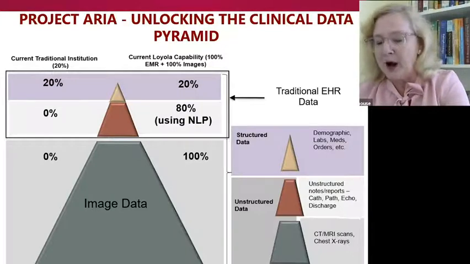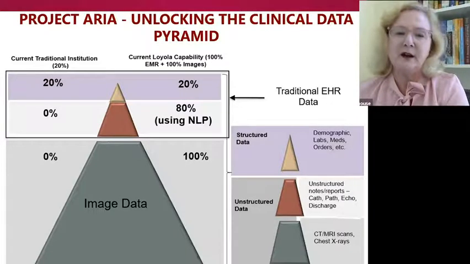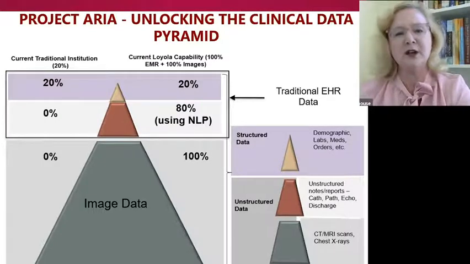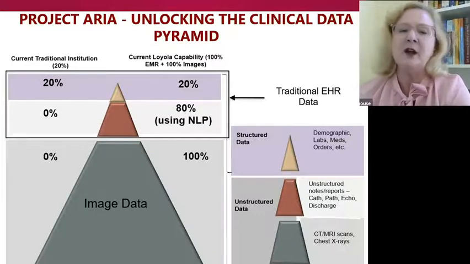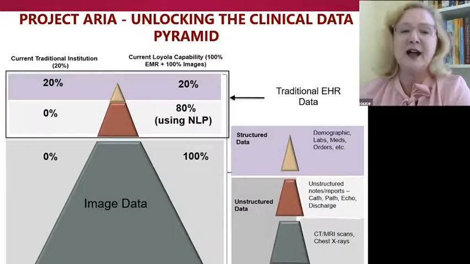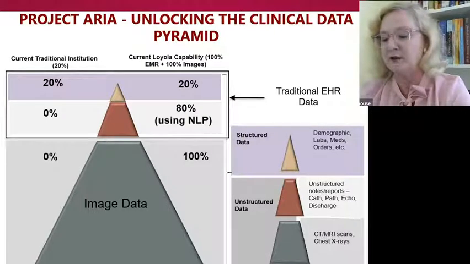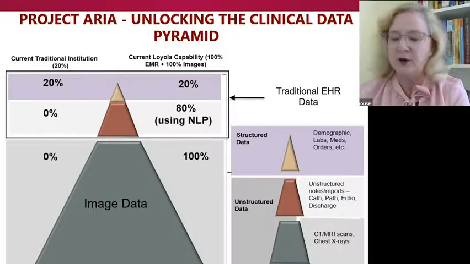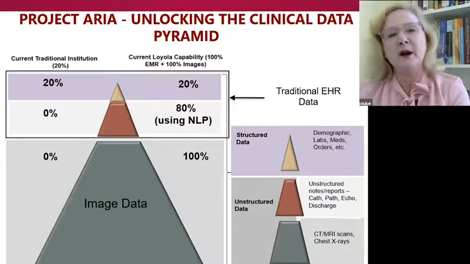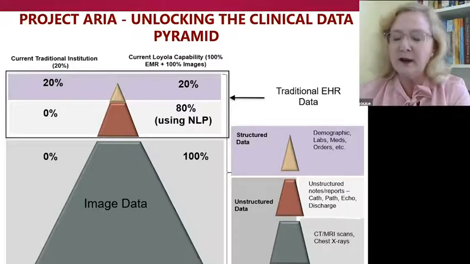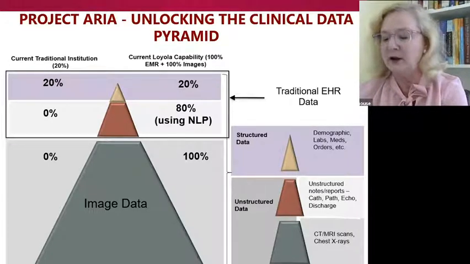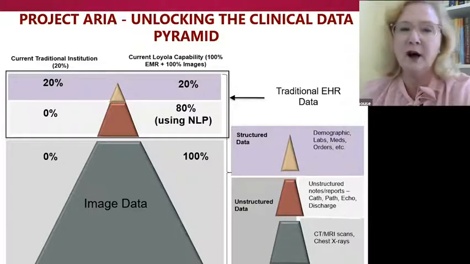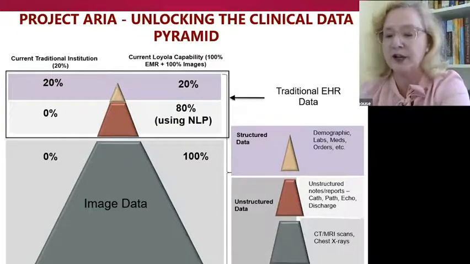And so our clinical research database and the team in strategy and innovation has mapped that 80% of our narrative notes. And so this natural language processing and these efforts that our Loyola team did were recognized in the Journal of the American Medical Informatics Association. So we are really on the forefront and cutting edge with this clinical research database.